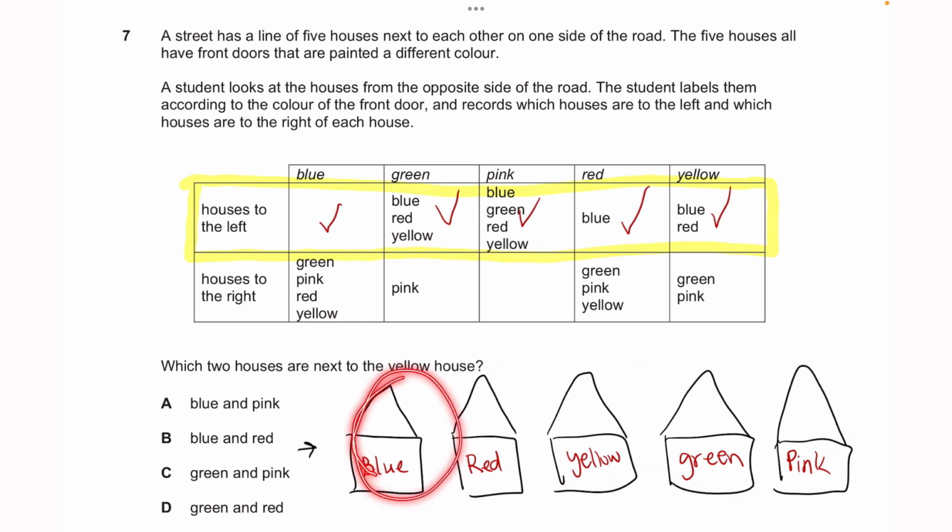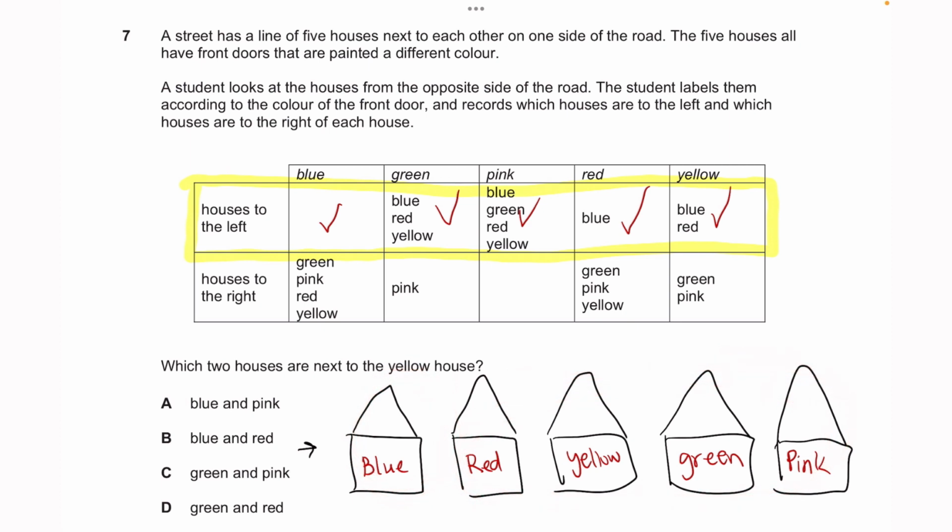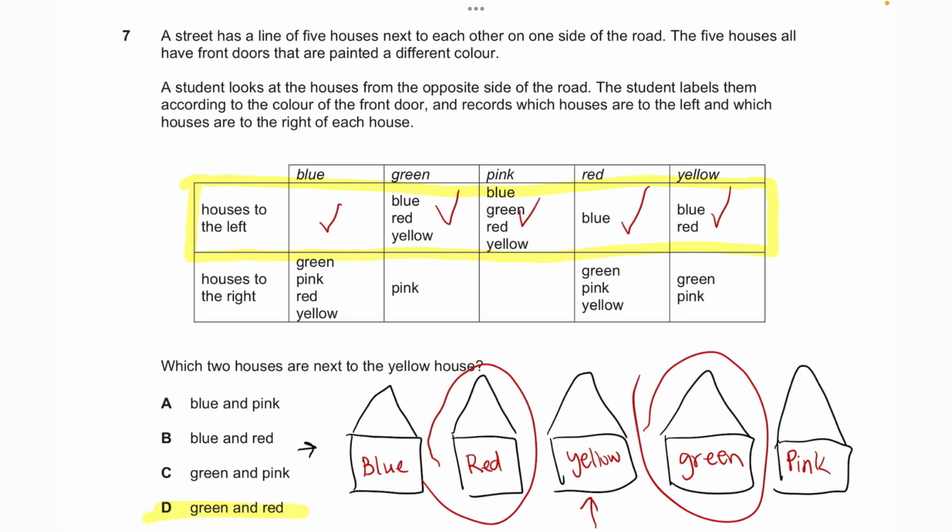And the blue house has the green, pink, red, and yellow houses on its right as well. So the question now is asking us which two houses are next to the yellow house. And we can see that the yellow house is here, which means that our answer is D, red and green, because they're both next to it. All right, so our answer to question 7 is D.